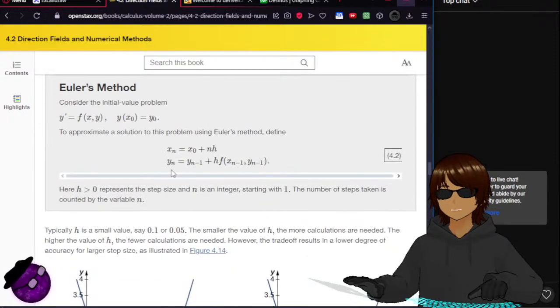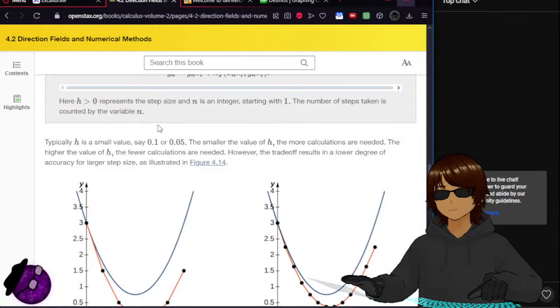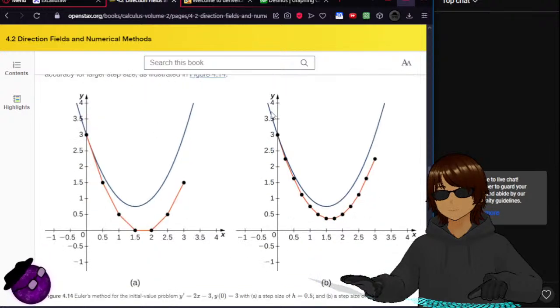Okay, I think I understand now. The smaller the step size is, the better the approximation.